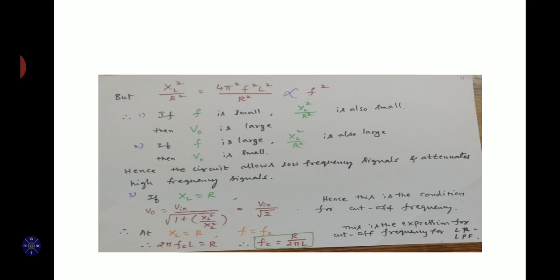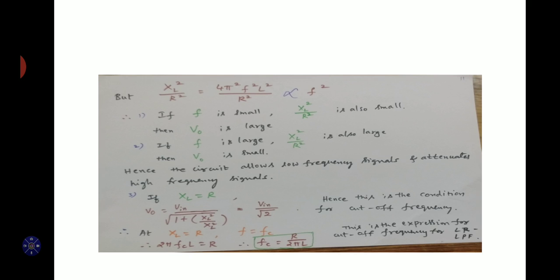Therefore, XL square by R square is proportional to F square. Here we can study the different cases: when the frequency of the applied signal is small, when the frequency is large, and if XL equals R.